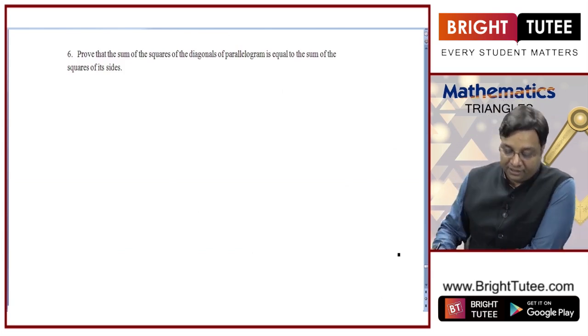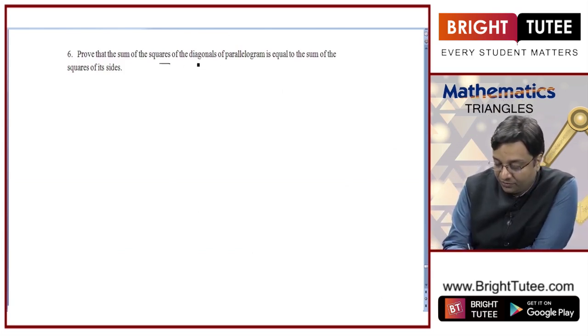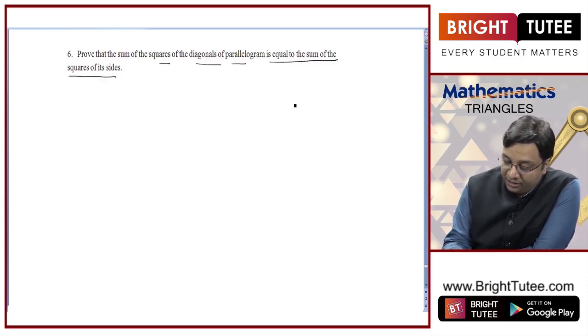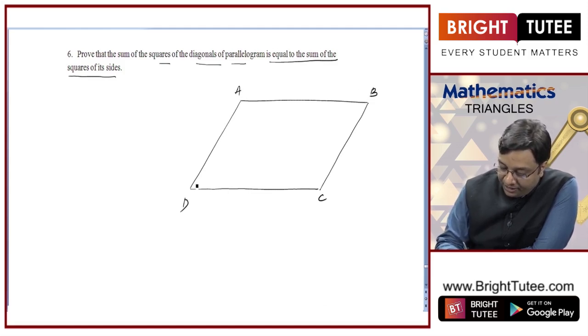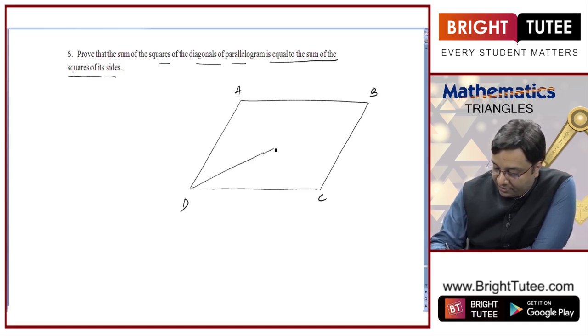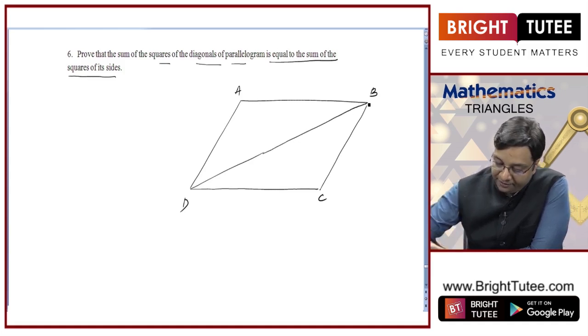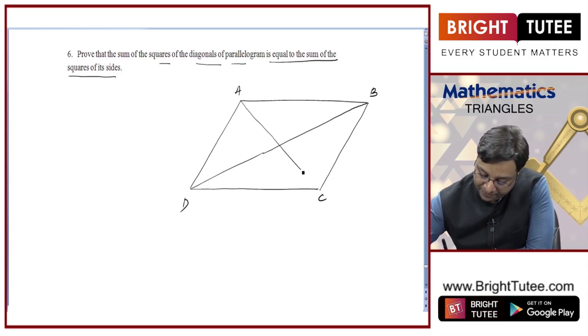Now prove that the sum of the squares of the diagonals of a parallelogram is equal to the sum of squares of its sides. So if I have got this parallelogram A, B, C, D and diagonals are BD and AC.